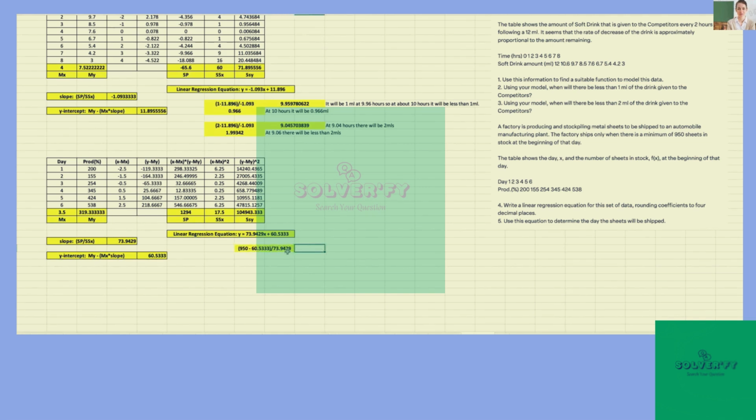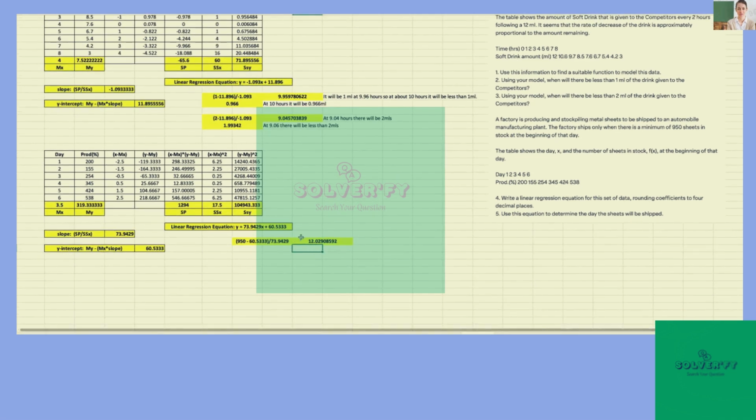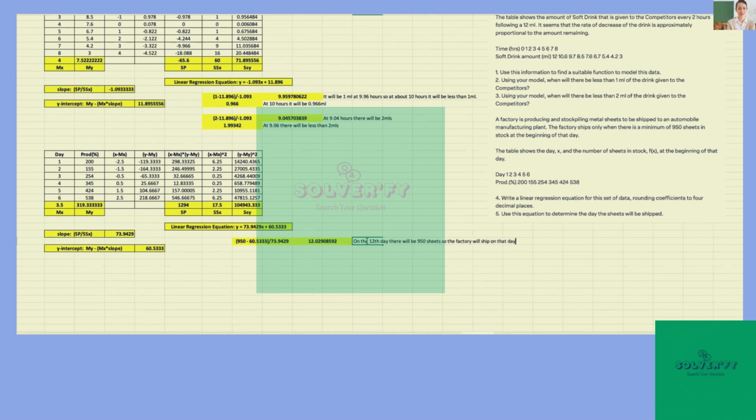Okay, and so I'm just going to drag this over, and I'm going to put an equal sign in front of it. So on the 12th day, there will be 950 sheets. So the factory will ship on that day.